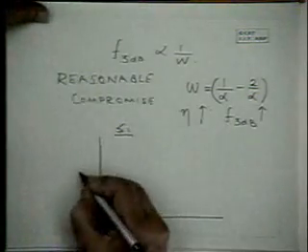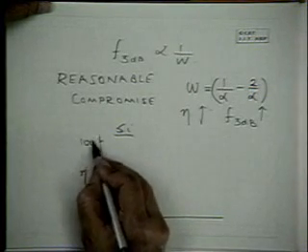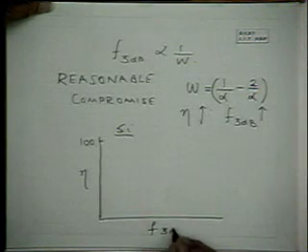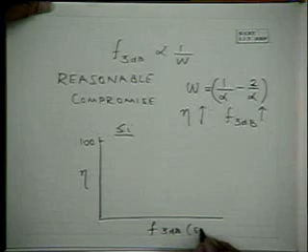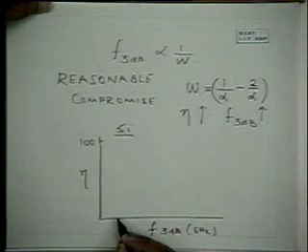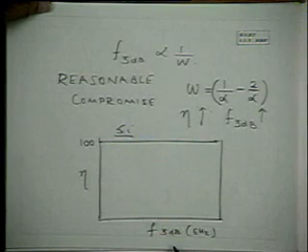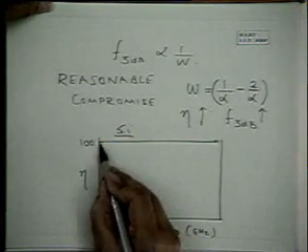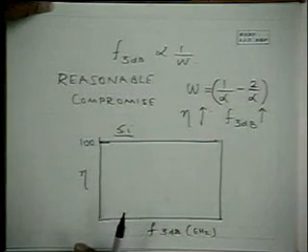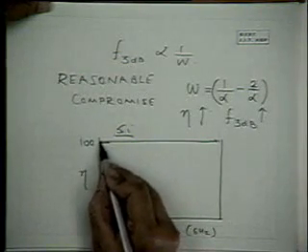You can plot eta, which is maximum 100%, and this is F3 dB in gigahertz. Okay, let me just plot this.